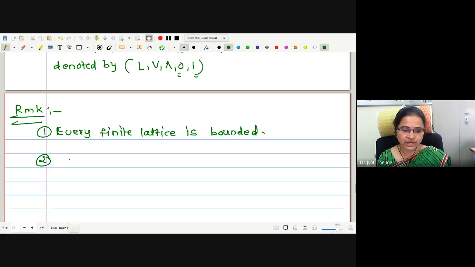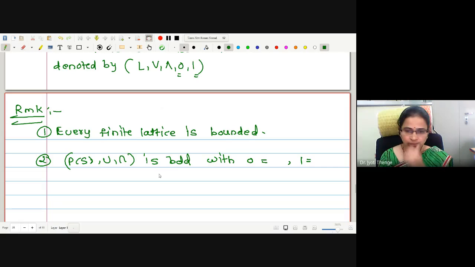Suppose I want to give an example: the power set with union and intersection. This is a bounded lattice again because it is finite. What are the bounds? What is the least element and what is the greatest element? For the power set, what is the least element? The element situated at the bottom in the Hasse diagram.